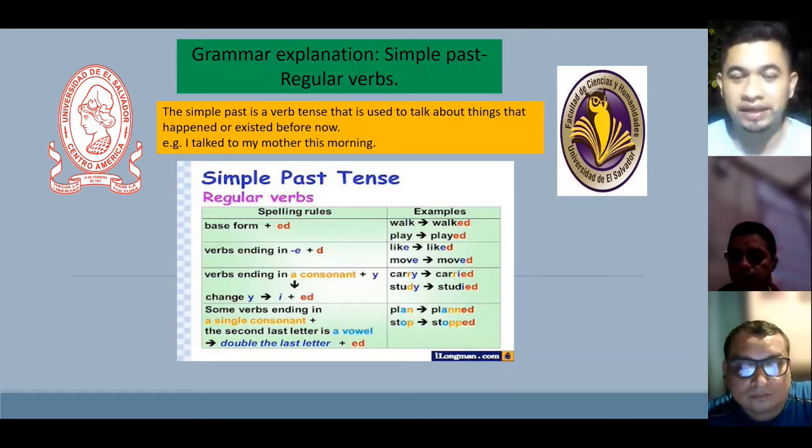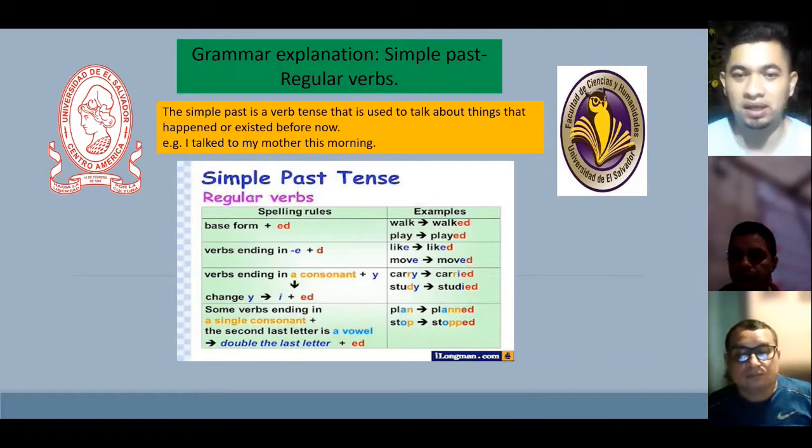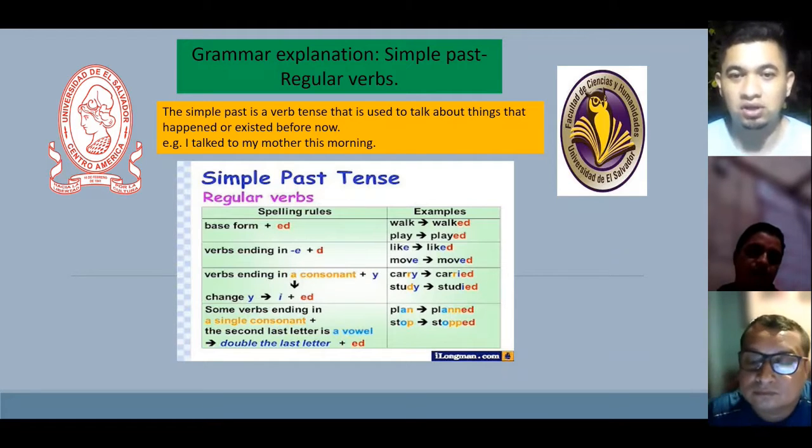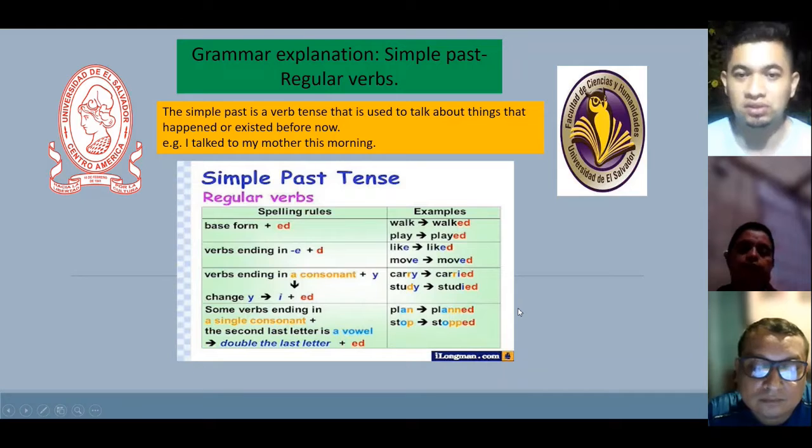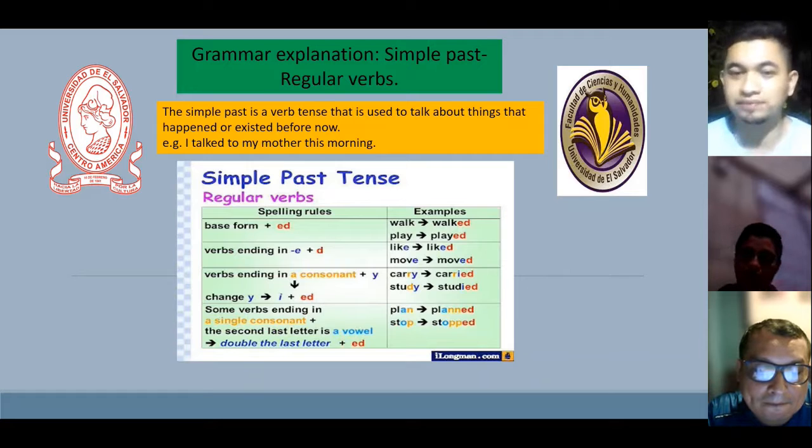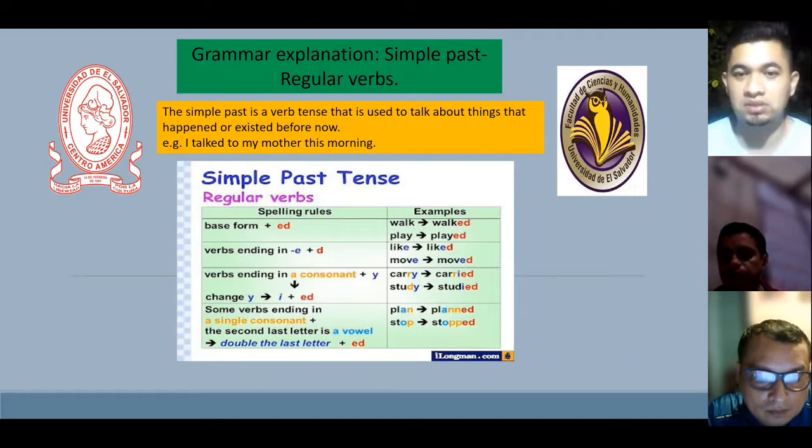The verb plan. If you can notice, we have a vowel and a single consonant, which is N. So this N is going to be doubled, and we are going to add ED, right? We have another example, which is stop. In the past form, the verb is going to be stopped.